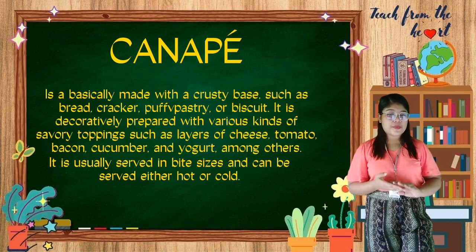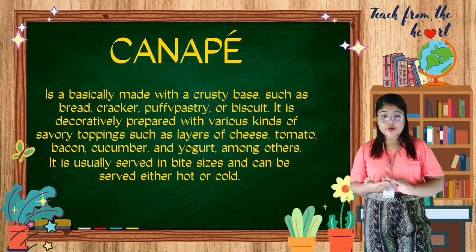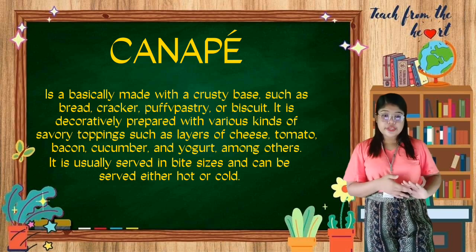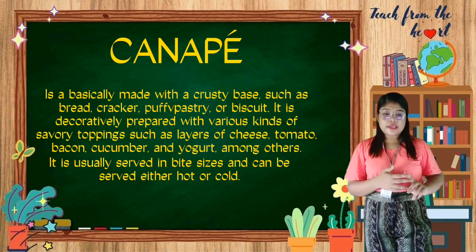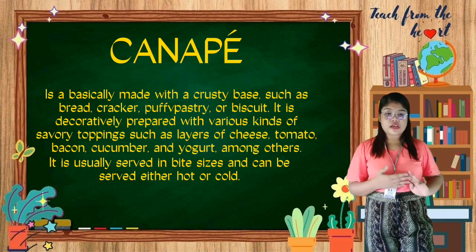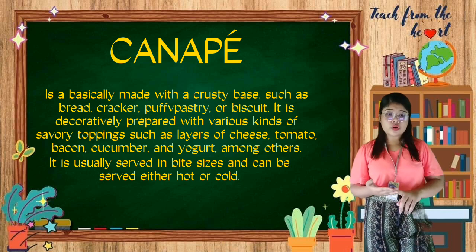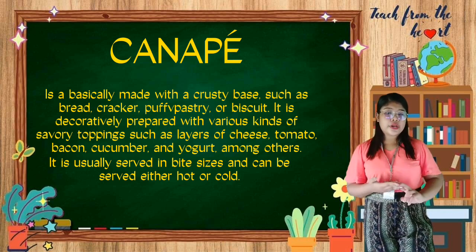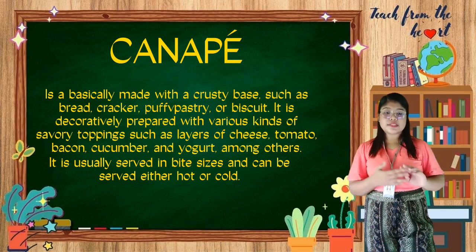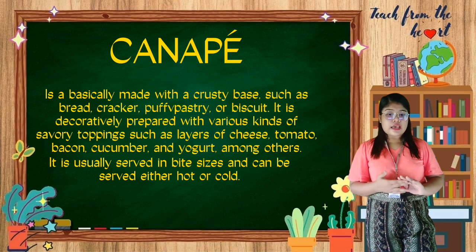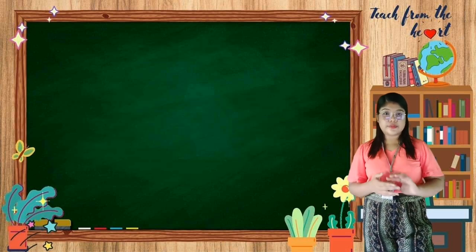Canape is basically made with a crusty base such as bread, cracker, puff pastry, or biscuit. It is decoratively prepared with various kinds of savory toppings such as layers of cheese, tomato, bacon, cucumber, and yogurt, among others. It is usually served in bite sizes and can be served either hot or cold.